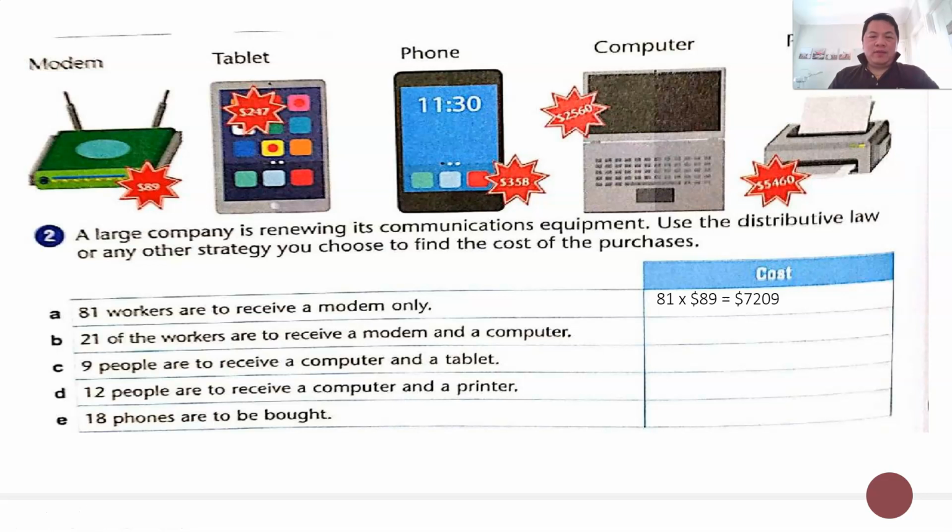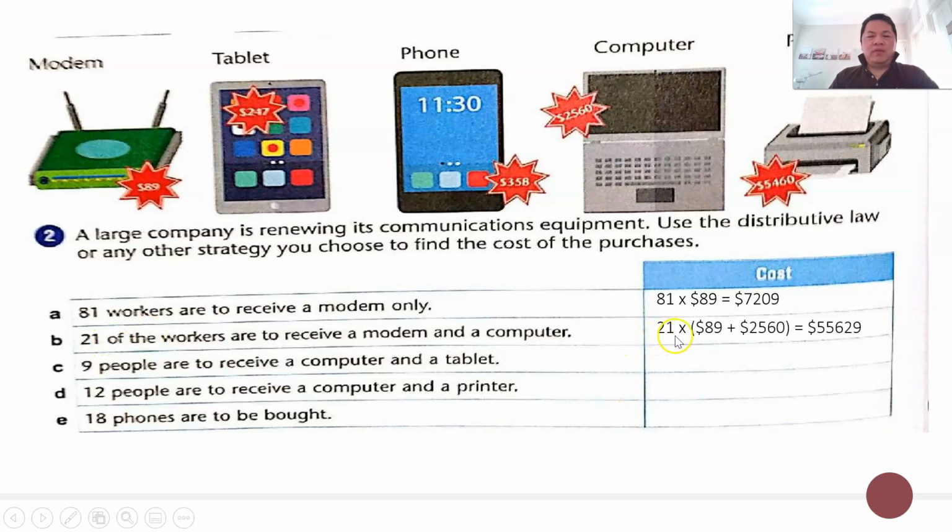But what happens if you need to get 2 items for them? First we need to know which are the 2 items. For this case, it's the modem and the computer. The modem is $89, the computer is $2,560. So we need to find the total cost for these two items first, times the number of people getting these two items.